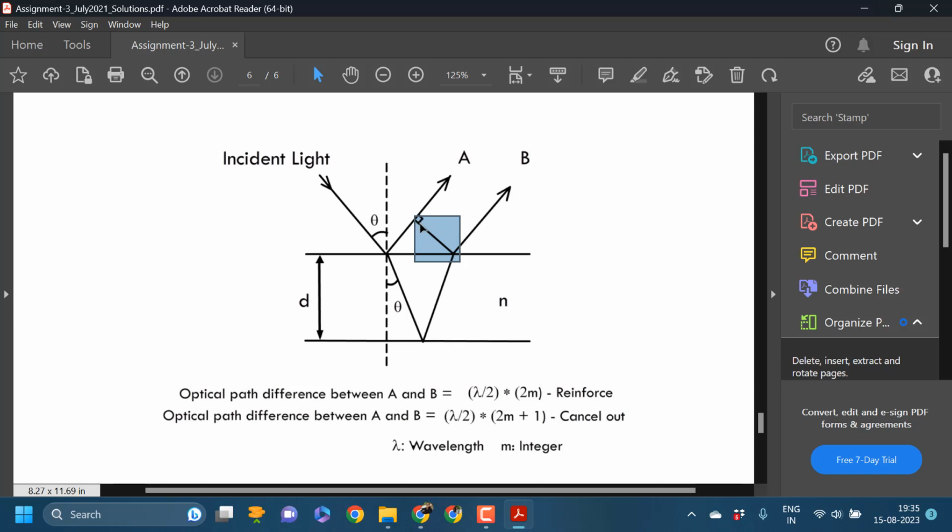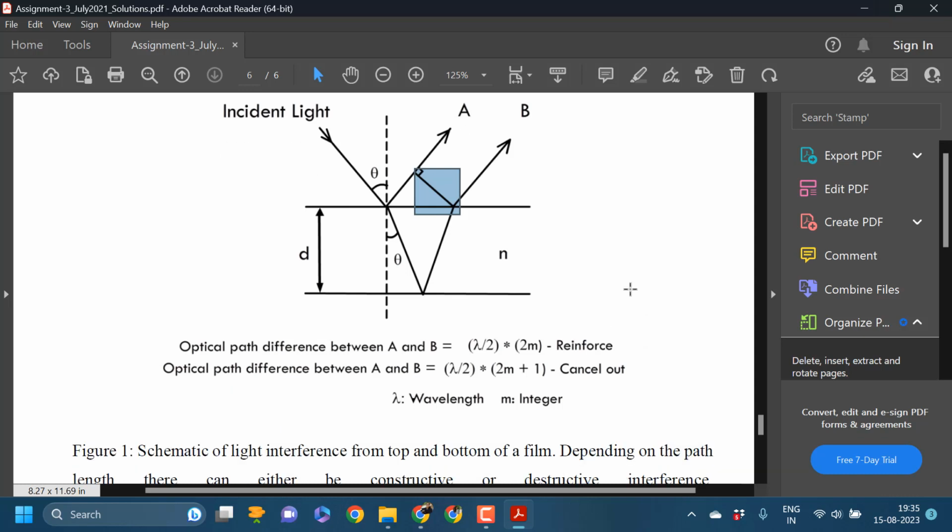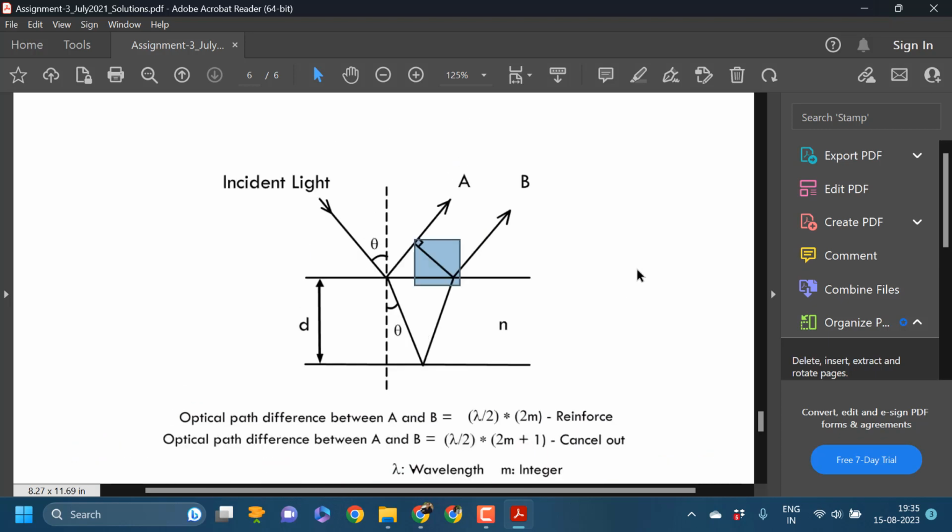Suppose this distance, or any other nth distance, is 2n plus 1 into lambda by 2, their phases will not be the same and hence they will destructively interfere or cancel out, and we will get a dark fringe. That is constructive and destructive interference. So is that clear for all of you?